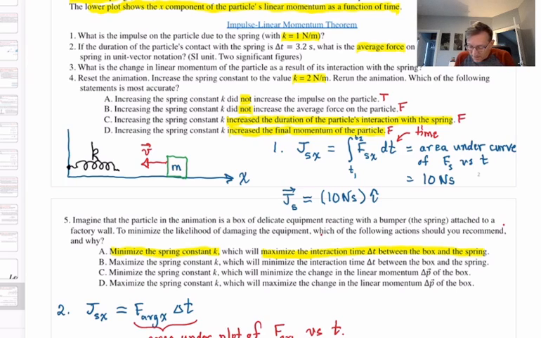B, maximize the spring constant K, which will minimize the interaction time between the box and the spring. Should we do that? C, minimize the spring constant K, which will minimize the change in linear momentum of the box, delta P. D, maximize the spring constant K, which will maximize the change in linear momentum of the box.